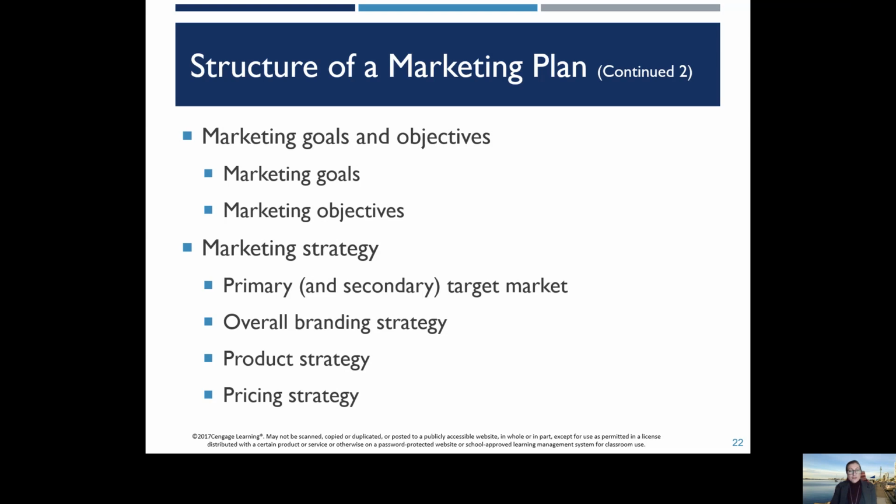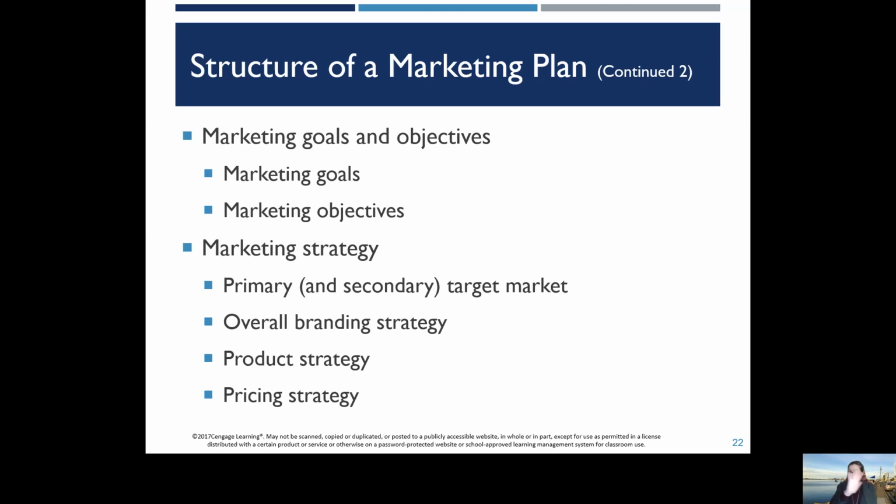Marketing goals and objectives are a list of objectives that state specifically what the intention is. Usually there's a measurable aspect to it. These goals and objectives need to be realistic, they need to be achievable, and typically will include a timeline. The marketing strategy itself is all about the direction that the overall marketing effort is designed to navigate.